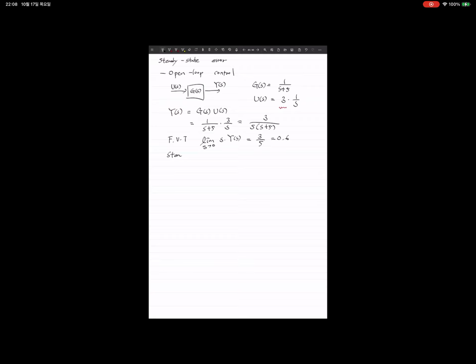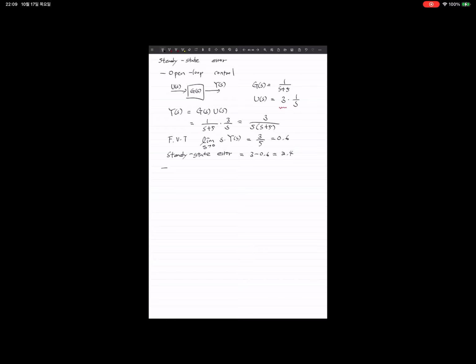So the steady state error is 3 minus 0.6, which is 2.4. So basically, using open loop control, we cannot achieve the desired value of output, and we need a feedback structure to obtain the desired value of the output.